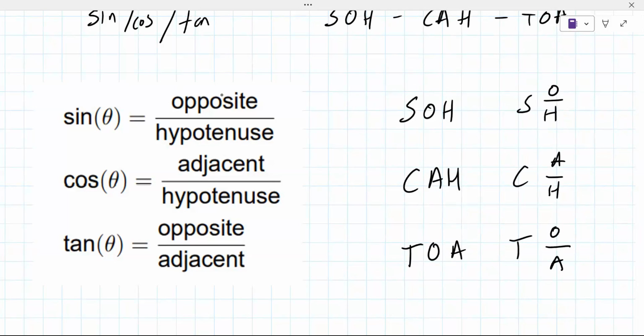So sine is opposite over hypotenuse, cosine is adjacent over hypotenuse, and tangent is opposite over adjacent. Adjacent being the side that's right next to it.